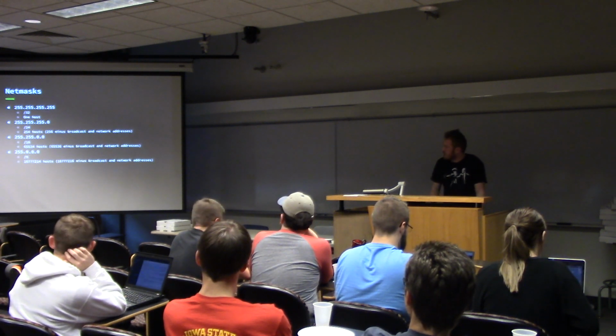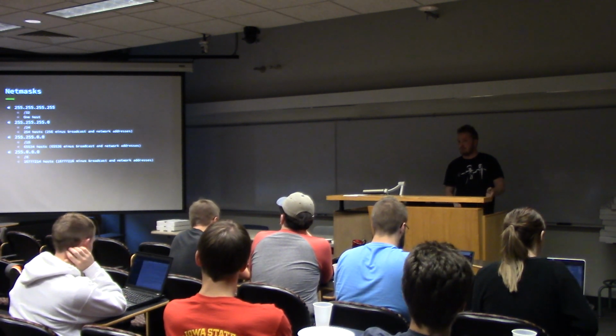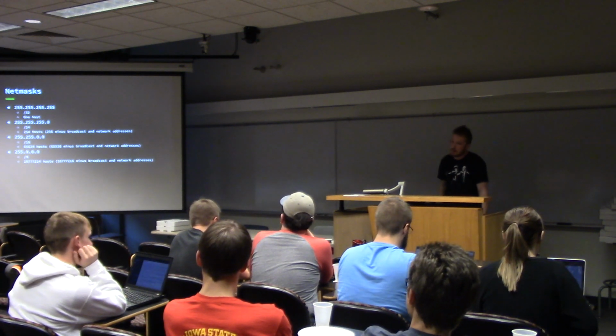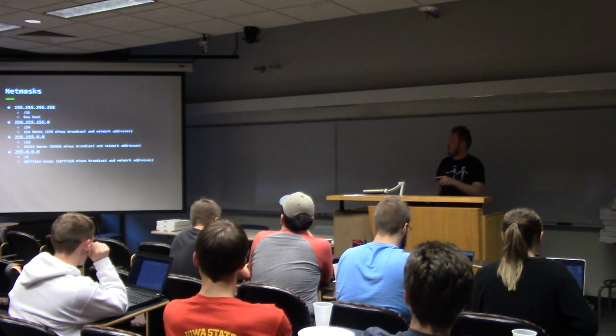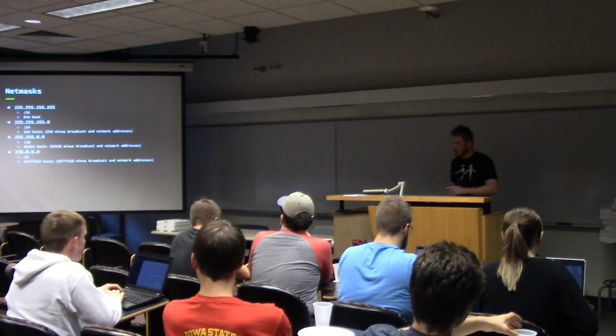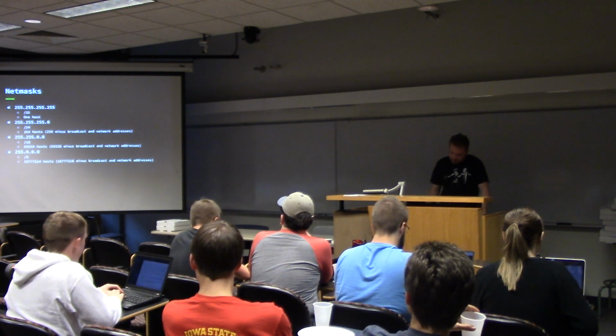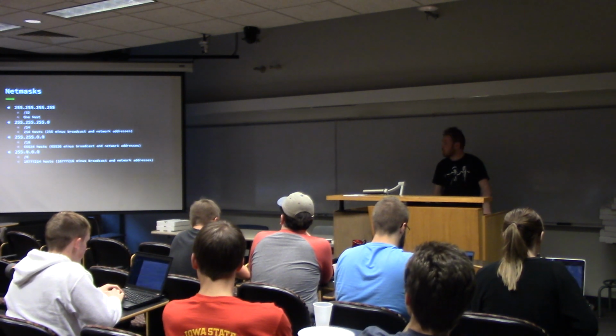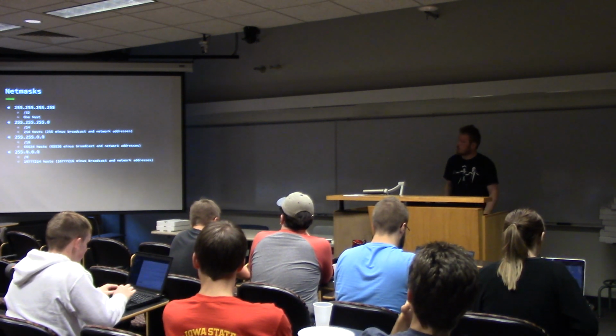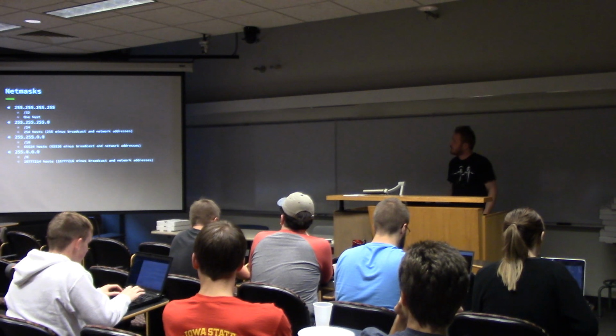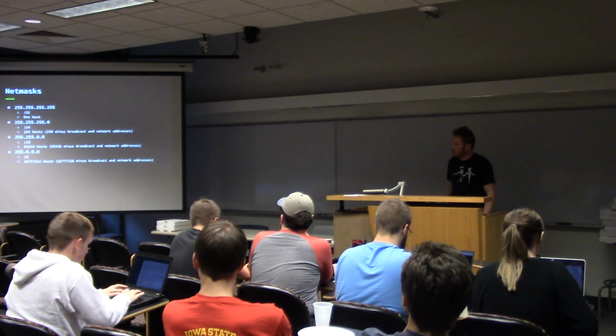So netmasks define how many hosts you're able to have on a network. A restricted netmask would be 255.255.255.255. It's also called a /32 subnet, which only allows for one host to be on the network. To get to more devices, you just change your netmask to be something like 255.255.255.0, which is the most common.